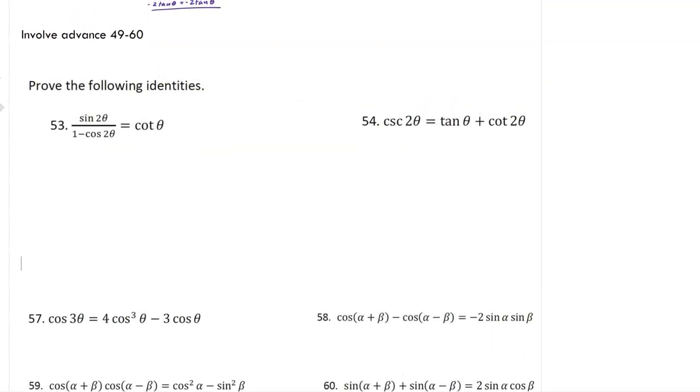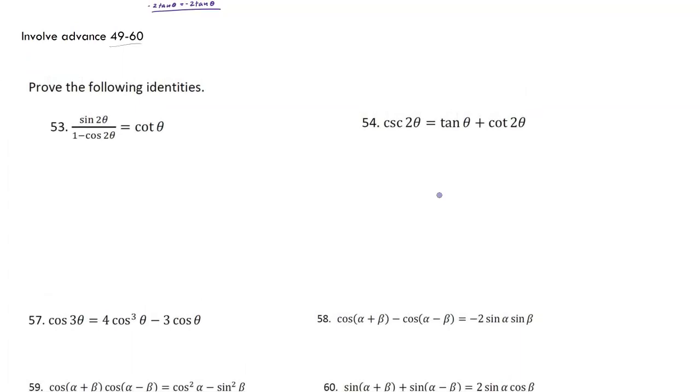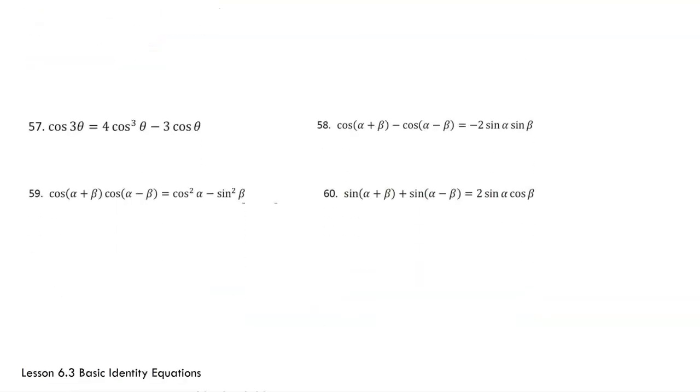There is a collection of problems, part 3, 49 through 60, that involves using the double angle identities and the sum and difference identity. So you have to try these, okay? Because there are going to be identities where you have to prove or verify that involve more than the basic identities. Okay, so I'm going to do a couple of these problems.